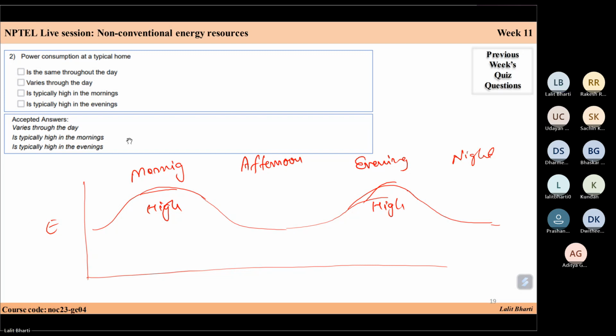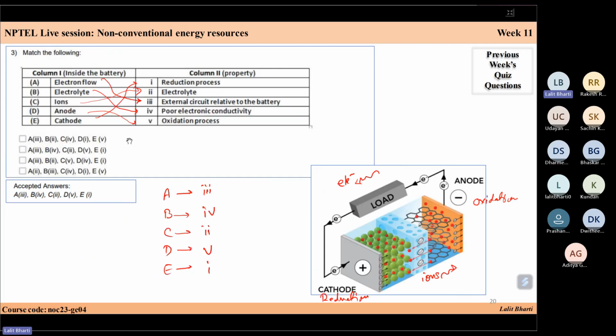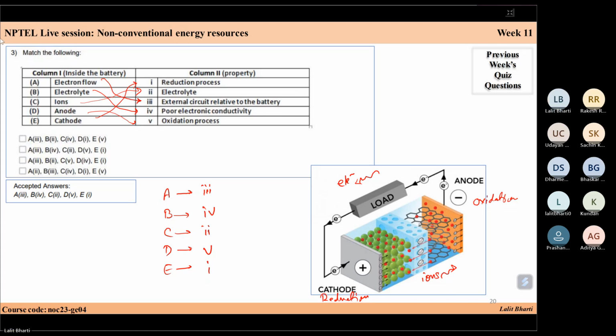Then the next question is we need to match the following. We have already done this kind of question. So we know which are the anode, which are the cathode, where the oxidation is happening, where the reduction is happening, and the separator is allowing the movement of ions. Then we have the external circuit, which is allowing the electrons to flow. So just match quickly. Electron flow is happening in the external circuit.